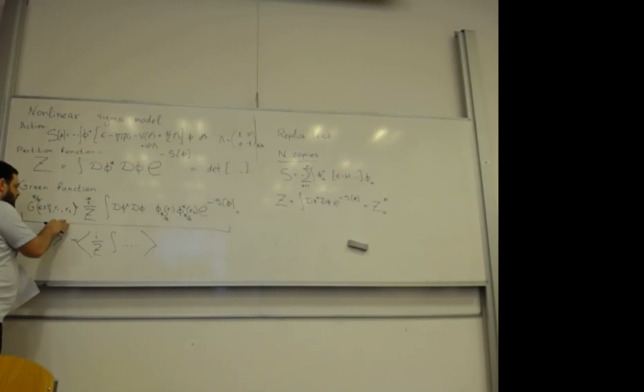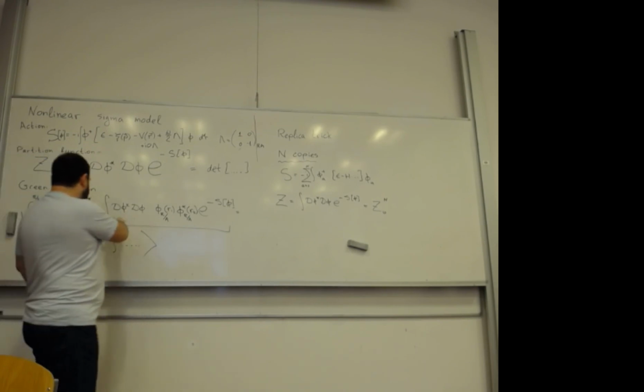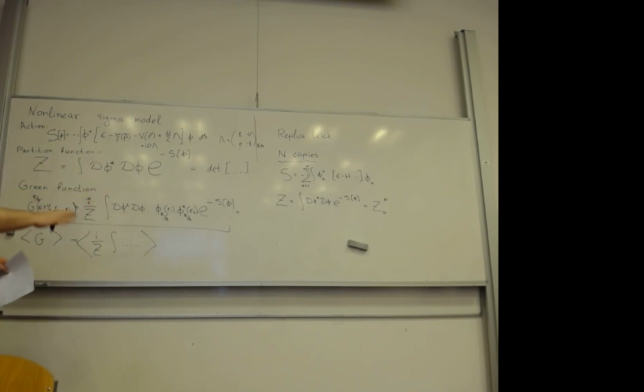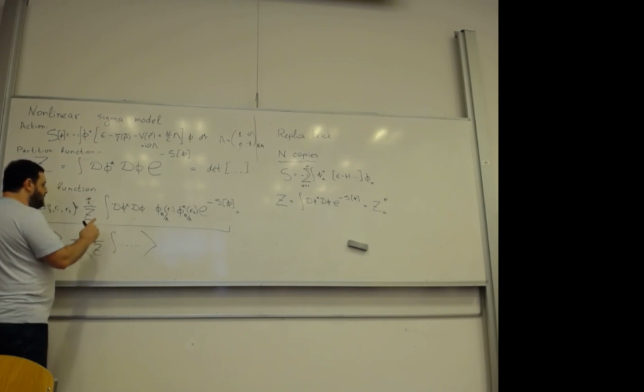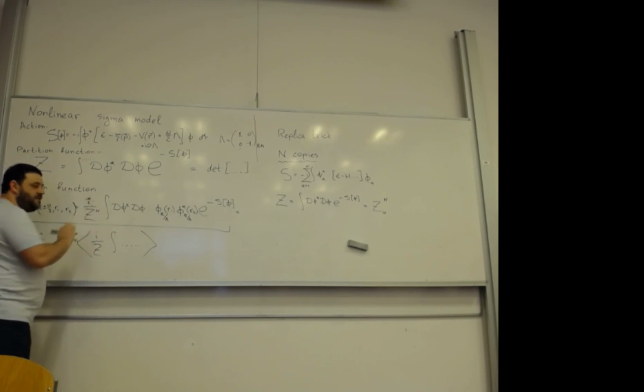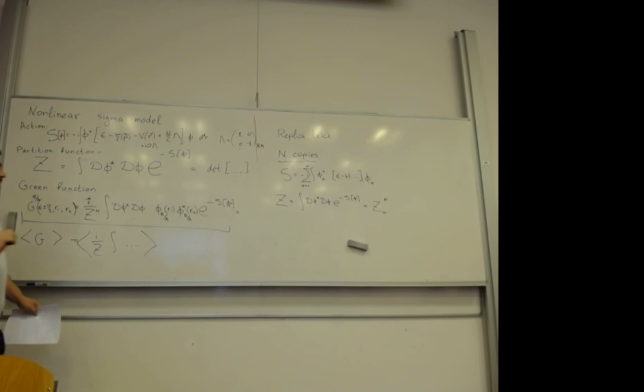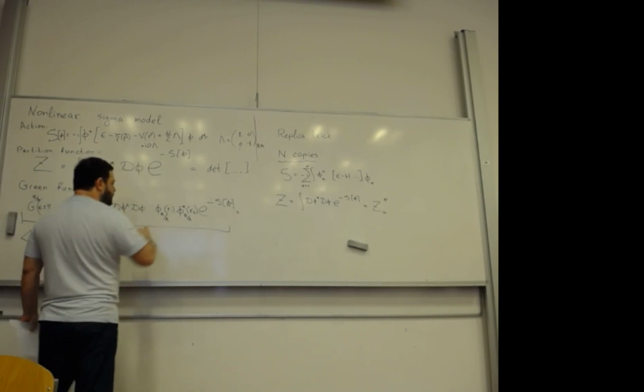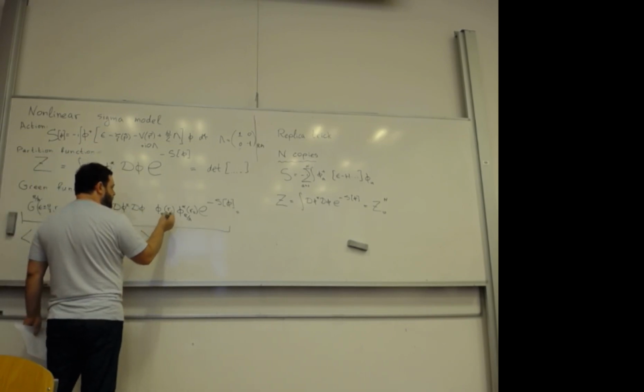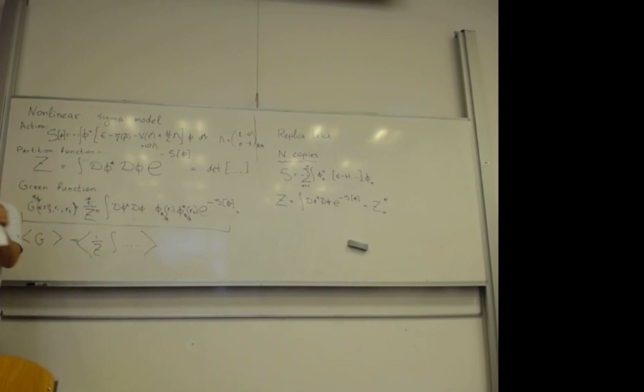And for the Green function, we write the same expression. I'm tired of rewriting every equation twice. So we will say that I have Z to the power n here instead of Z. And the field phi that we pick is taken from one particular replica. We compute the Green function. If we have many samples, we compute the Green function with sample number 1, and we disregard all others.